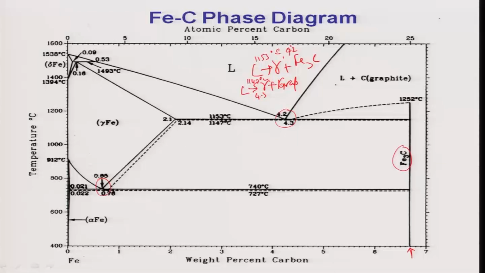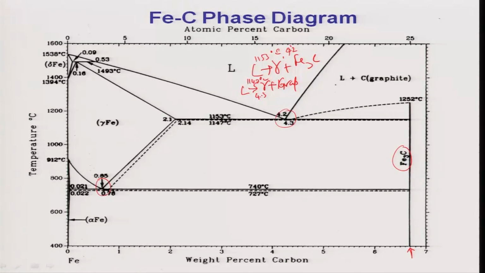Wherever these common tangents lie, that is the composition given for the stability, right. So, as you see here, for graphite the maximum carbon concentration which can get into gamma iron is 2.14, not 2.1. 2.1 is for the iron carbide phase diagram. So, everything gets modified. That is the most important thing you have to understand.